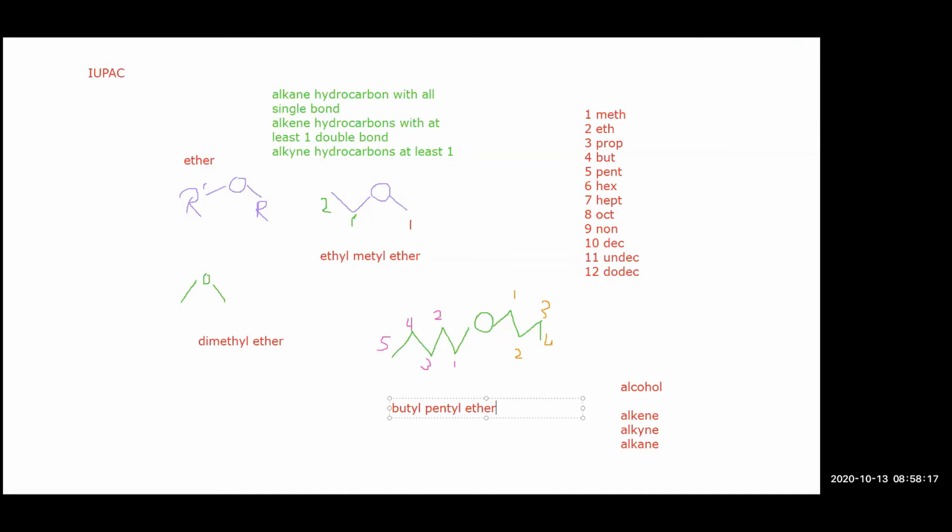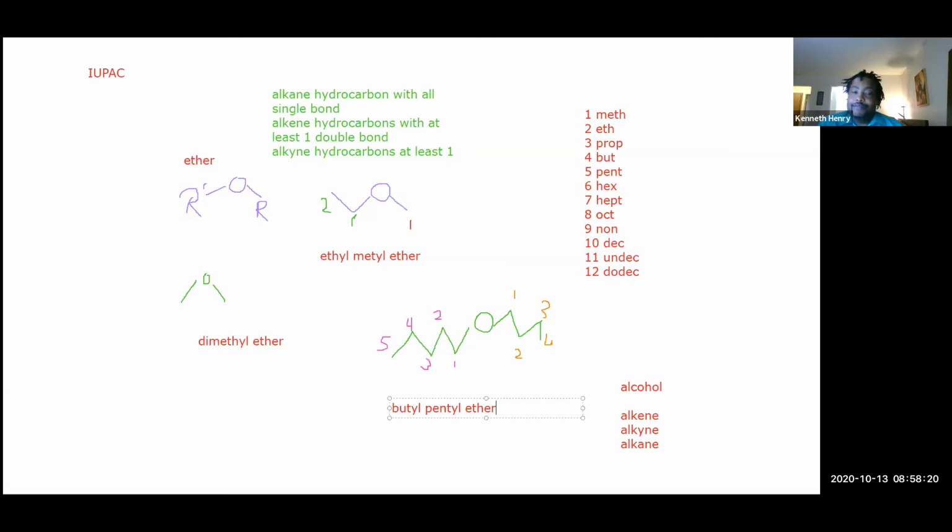Although you can't use it for the exam, you've got to remember the structure. I want you to be able to recognize them. If it's just an oxygen with a hydrocarbon on both sides, those are going to be ethers.